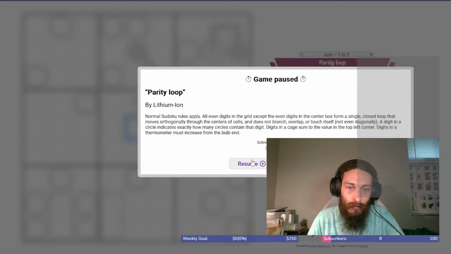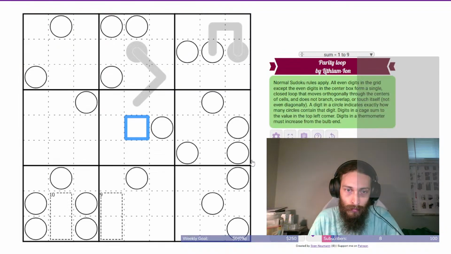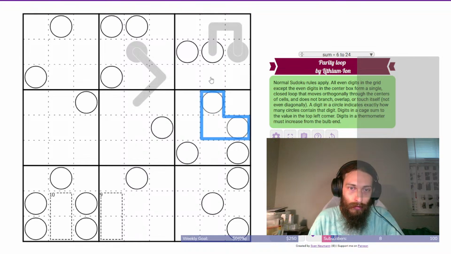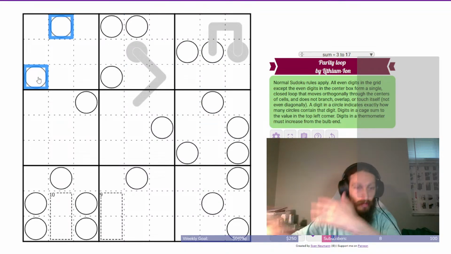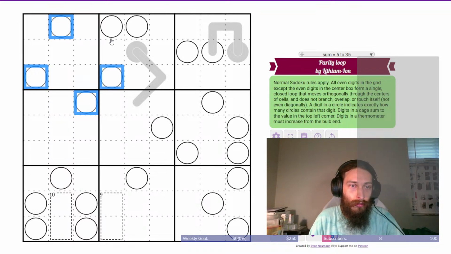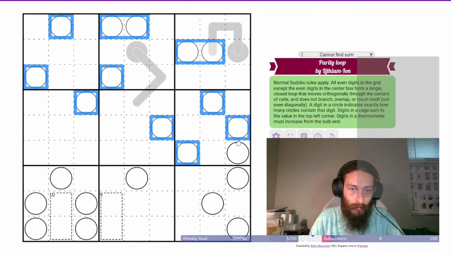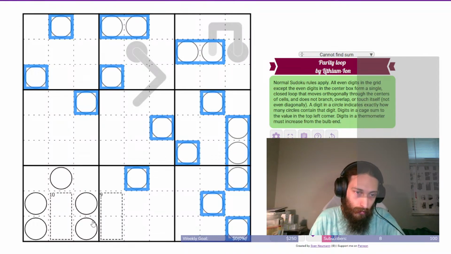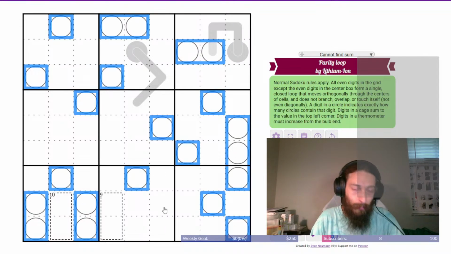Okay, so these circles tell us how many digits there are, and or the sum of the digits that are in those circles. So if we count them, that is 1, 2, 3, 4, 5, 6, 7, 8, 9, 10, 11, 12, 13, 14, 15, 16, 17, 18, 19, 20, 21, 22.